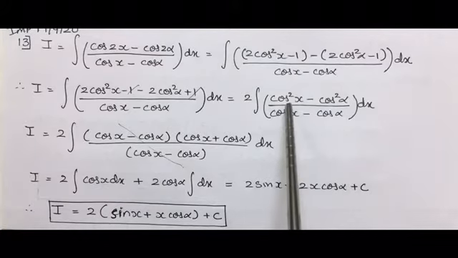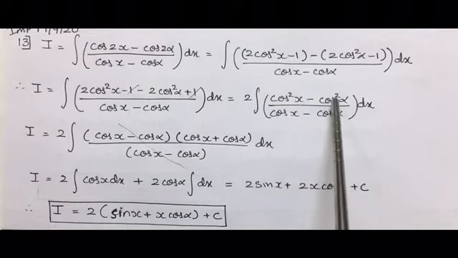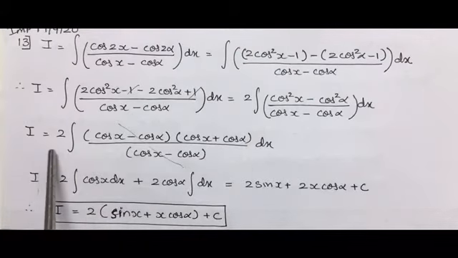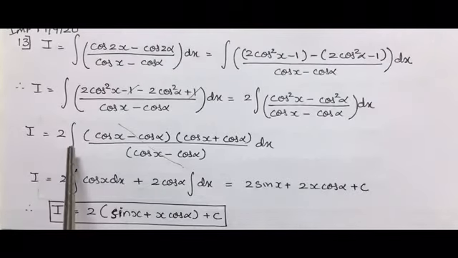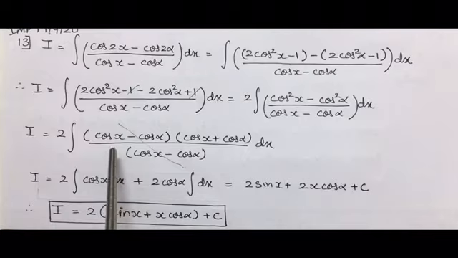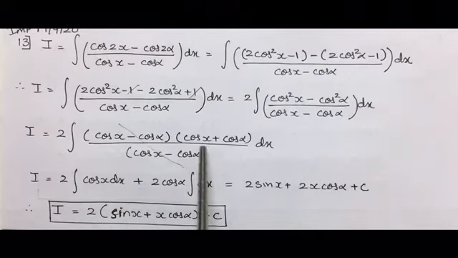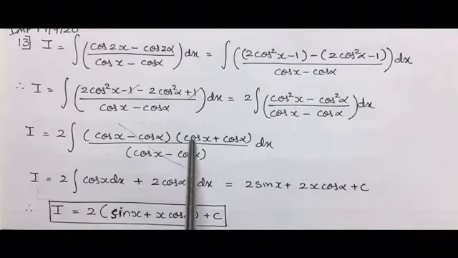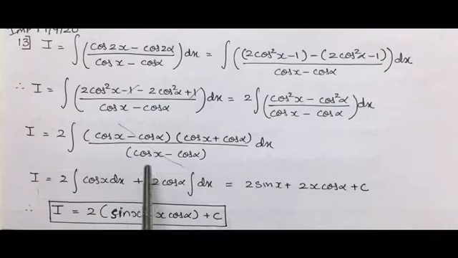Now using the formula of a square minus b square, we'll have it as 2, which is carried forward as it is a constant, integration of cos x minus cos alpha into cos x plus cos alpha, that is a minus b into a plus b, divided by cos x minus cos alpha.